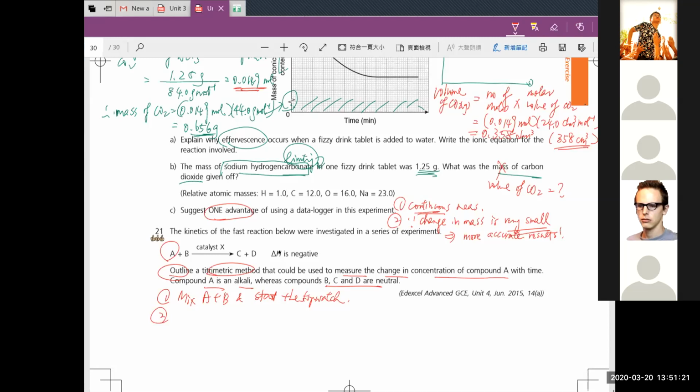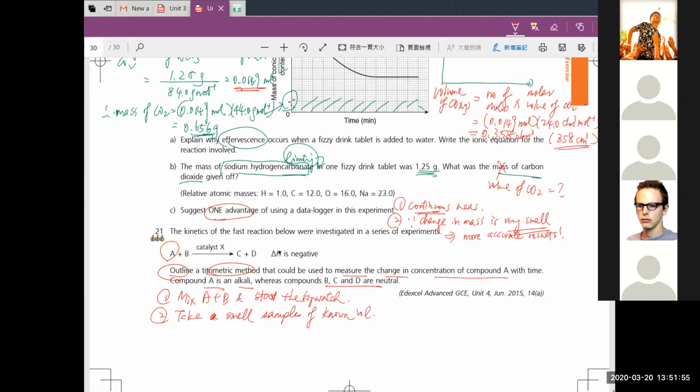Before quenching, you mean you are going to quench the whole batch of the solution? No, just a few. First, before quenching, you're going to take small samples of a known volume.